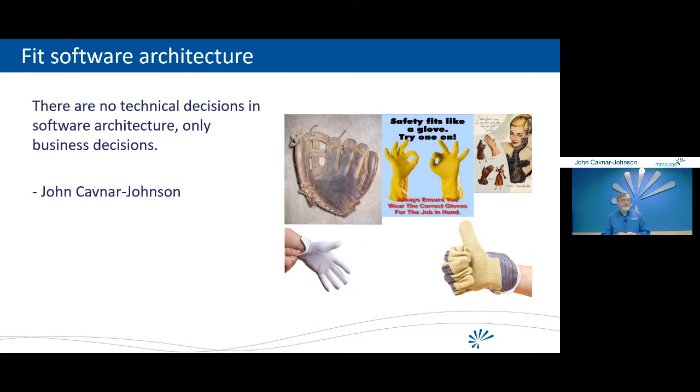Now, I feel a little weird quoting myself here, but there are no technical decisions in software architecture. There are only business decisions. If you get a group of software architects together, we'll be talking about SOA versus event-driven architecture, microservices versus monoliths, whatever, X versus Y. That's the kind of conversations we have.